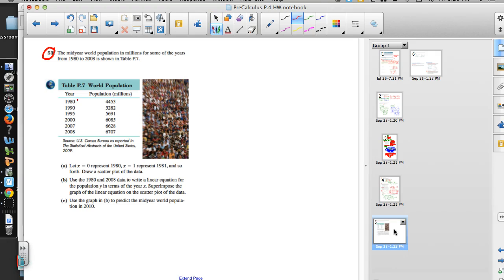So if 1980 is 0, and 1981 is 1, well then 1990 would be 10, and 1995 would be 15 years later, 2000 would be 20 years later, 2007 would be 27 years later, and 2008 would be 28 years later. So we would want to go ahead and make a scatter plot with that data.